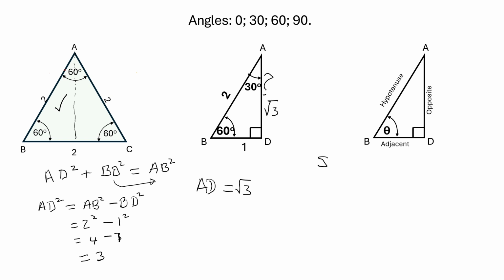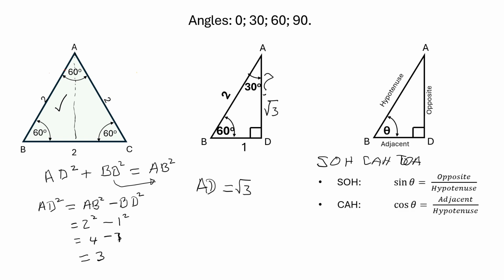SOHCAHTOA. Which means sine is opposite over hypotenuse, cos is adjacent over hypotenuse, and tan is opposite over adjacent.